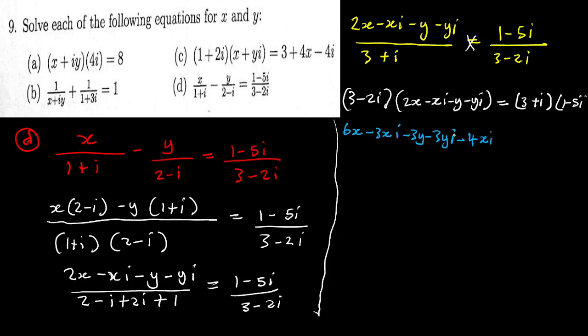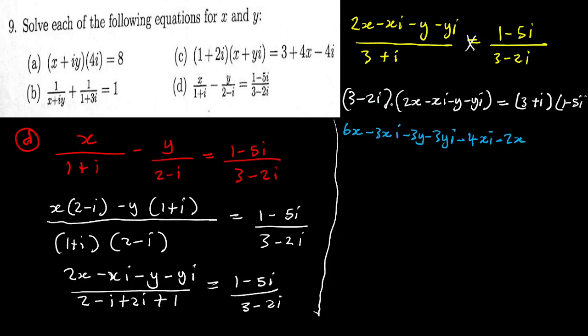Okay, you need to be extremely careful. Negative 2i times negative xi, that negative times negative is positive, i squared, it's simply negative, so this will be negative 2x.